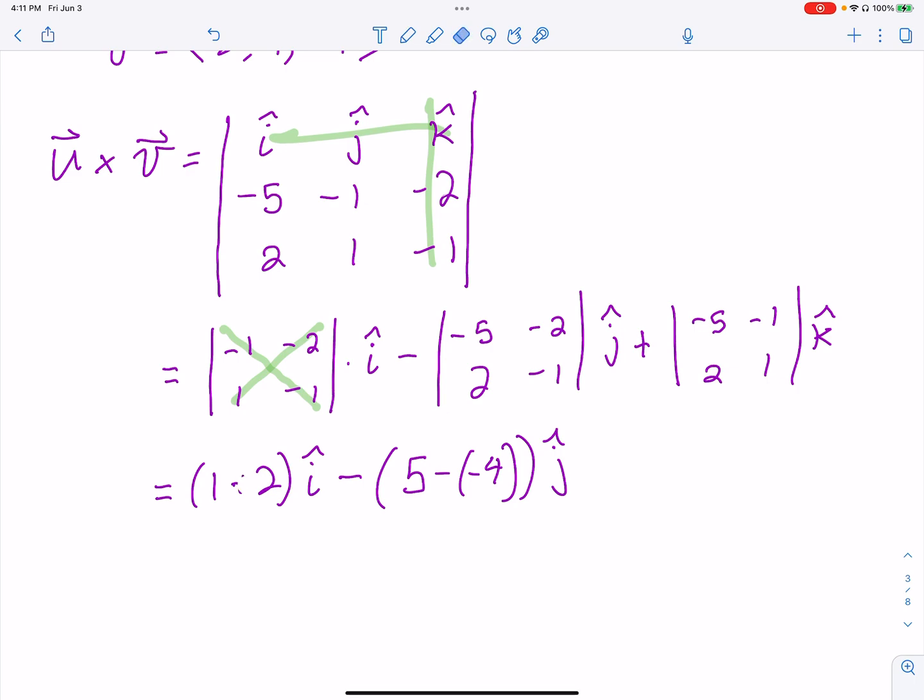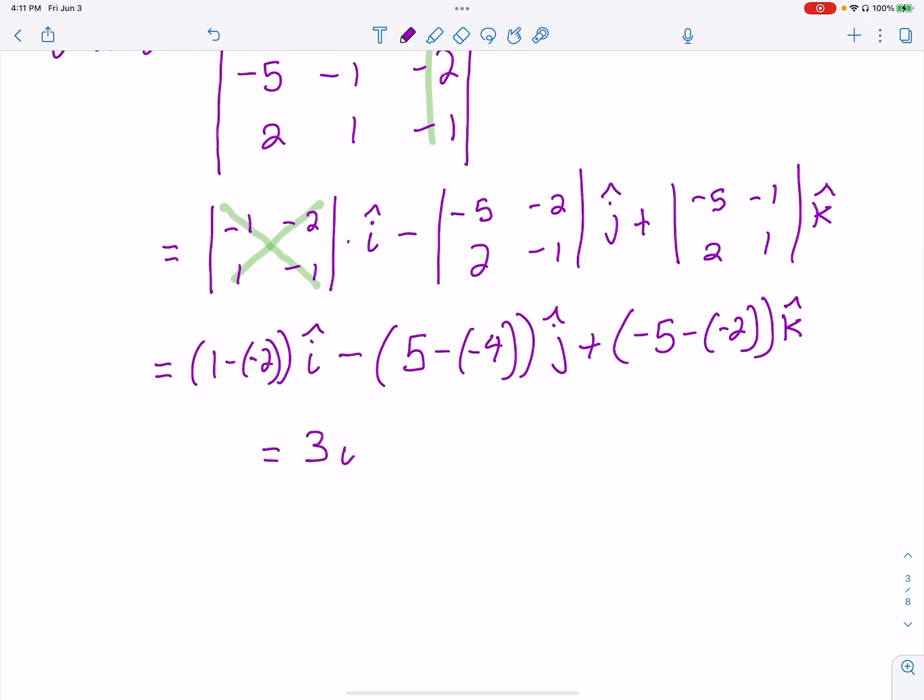Let's do that on that first one too, because I want to make sure everybody knows we are subtracting. Plus, and I got -5 minus a -2. Then we can get down to our answer: that's 3i minus 9j minus 3k.